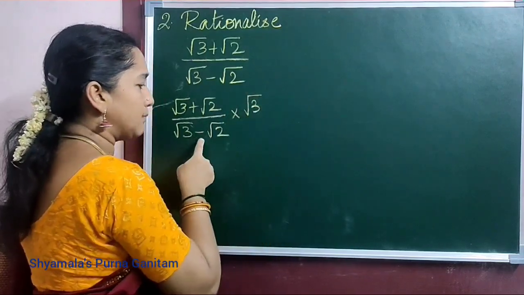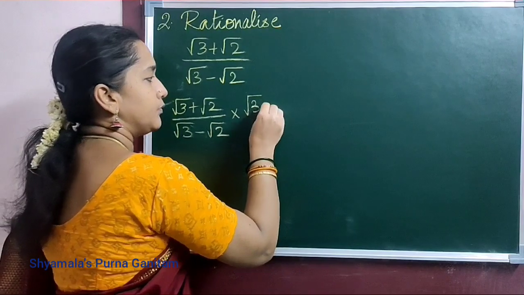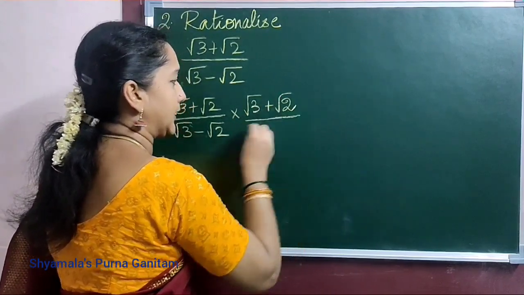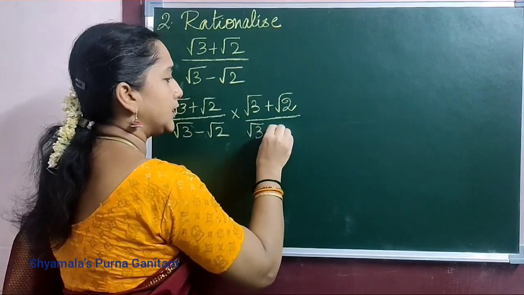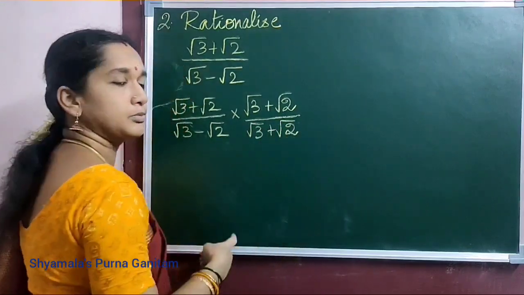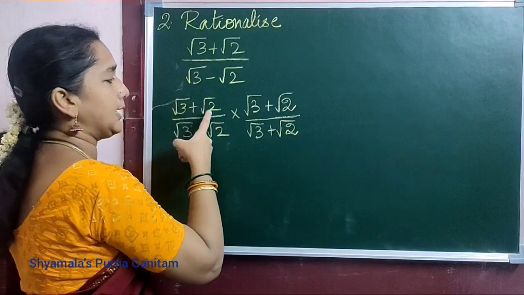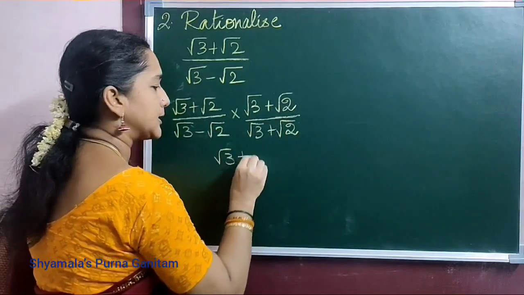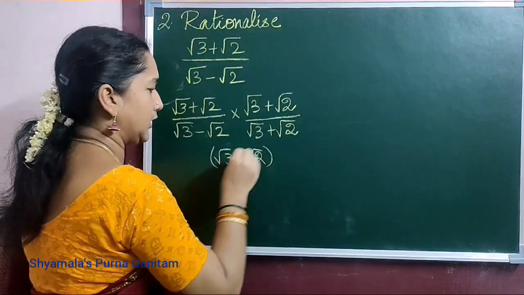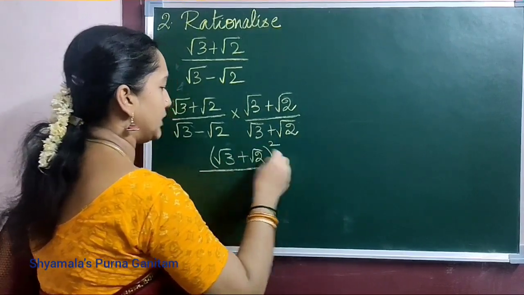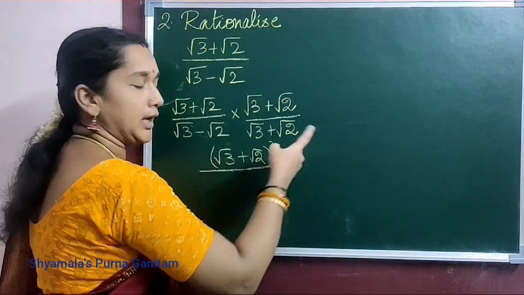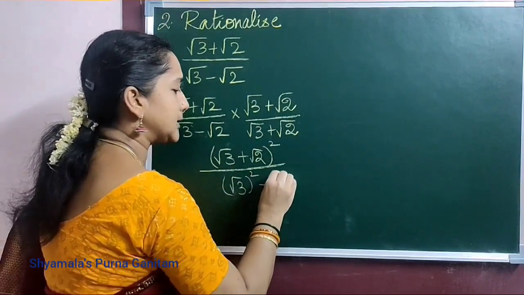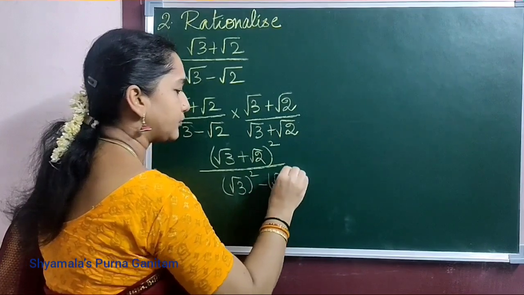Here root 3 minus root 2 is there, so we will write root 3 plus root 2 as the rationalizing factor, by root 3 plus root 2. In the numerator you will get a plus b into a plus b, so that is a plus b the whole squared. In the denominator, a minus b into a plus b, so that is a squared minus b squared.